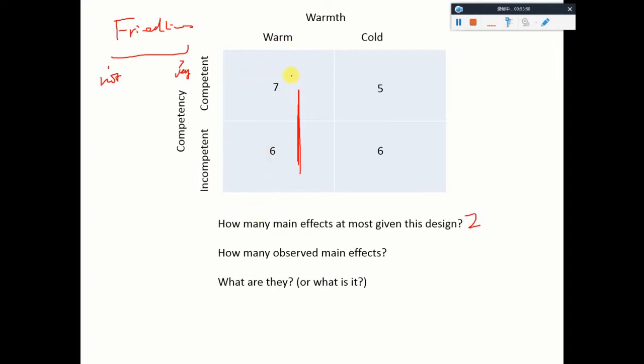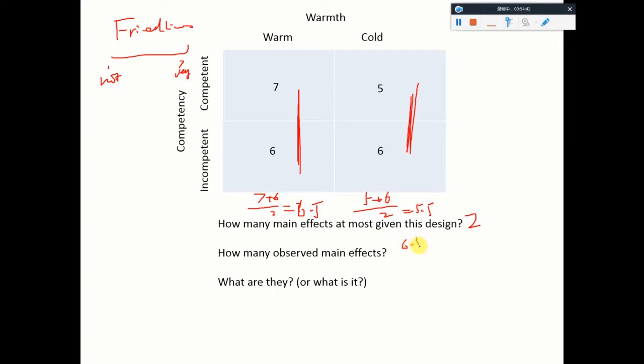So these two numbers, even though they also contain the effect of competency, both contain the effect of warm. So we can work out the marginal mean very easily. It's 7 plus 6 divided by 2. That's 13 divided by 2, that's 6.5. Now we can similarly work out the marginal mean for the cold condition, which consists of these two conditions. So we have 5 plus 6 divided by 2, which is 5.5.